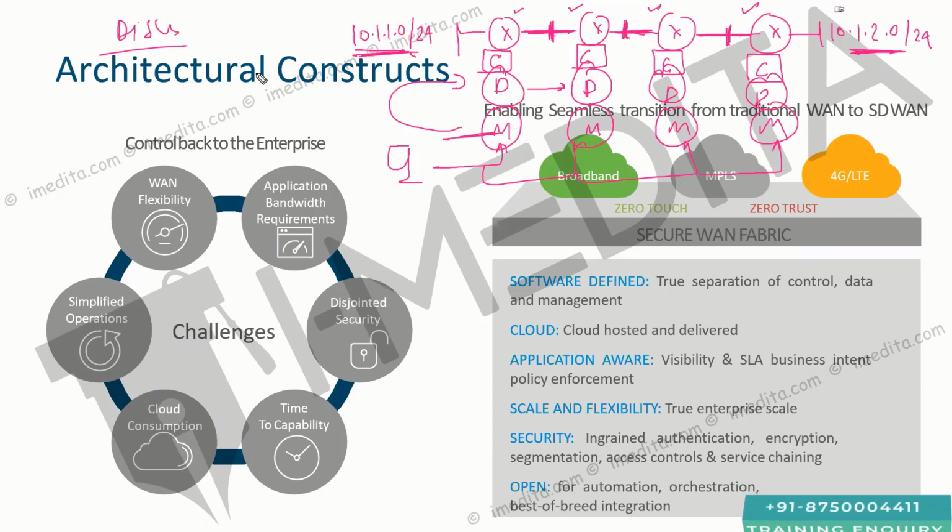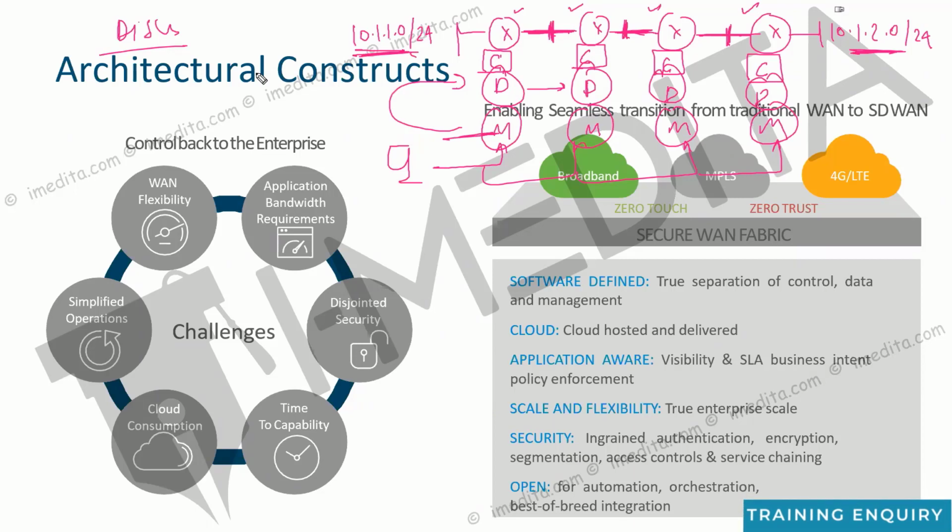And the data plane is concerned with data forwarding. The actual data forwarding happens in the data plane. When data arrives onto the router, it is the data plane that will perform encapsulation and decapsulation on the data and forward it accordingly.